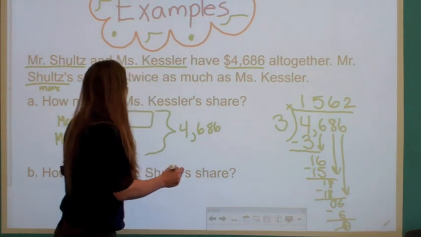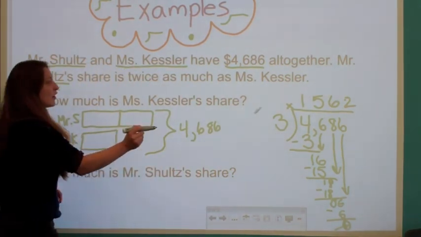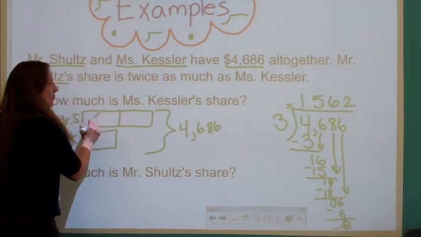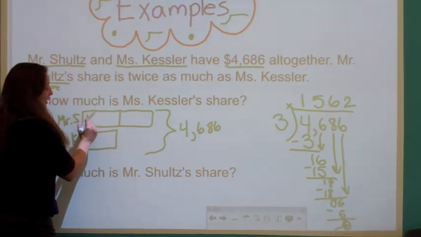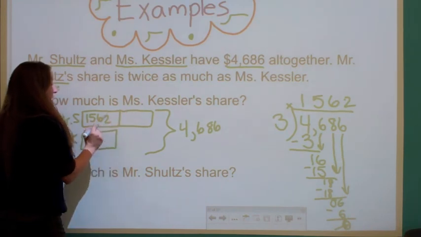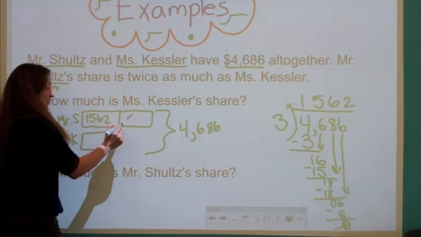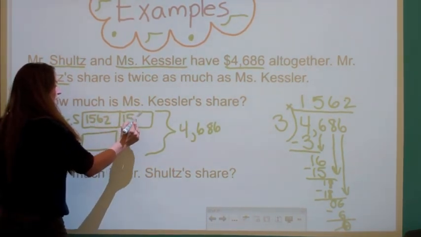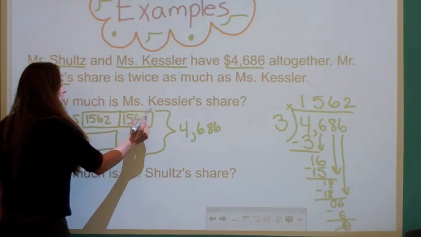So that tells me that each of these pieces, since there are 3 pieces, each piece is 1,562. Since this piece is 1,562, this piece is 1,562.